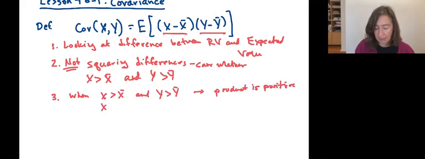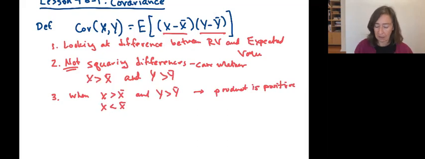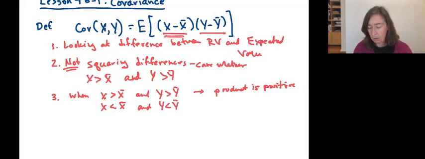And when X is low relative to its expected value, okay, so for whatever scale X is on, when X comes out to be on the low side of its possible values, and Y does too. Okay, so we've got two negatives here. In that case, also the product is positive. Okay, so same story, product is also positive here.